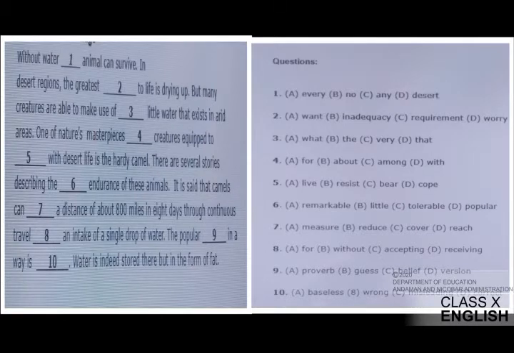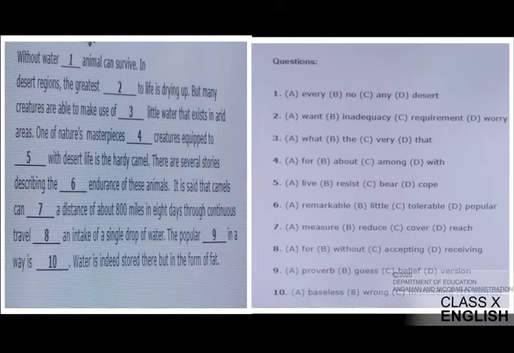It is said that camels can, let us look at the options: measure, reduce, cover, reach. Okay. So, here it would be cover a distance. We are talking of taking some distance or walking some distance. So, that is can cover a distance of about 800 miles in 8 days through continuous travel.